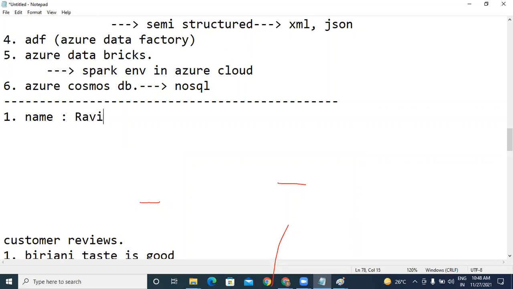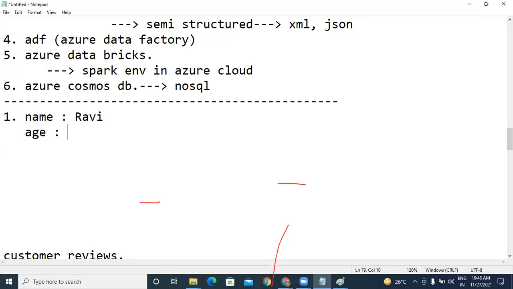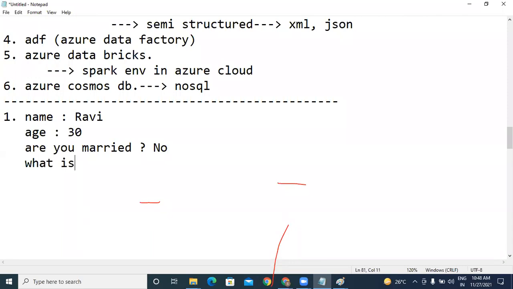Okay, this is my first profile. I asked him his age, and he replied 30. I asked him, are you married? He replied, no. That is, single. Then I am asking him, what is your wife's name?